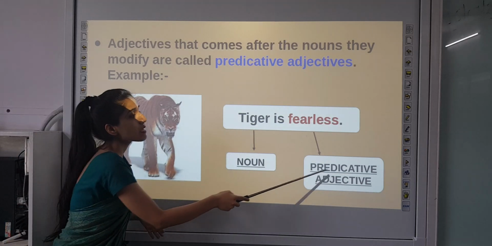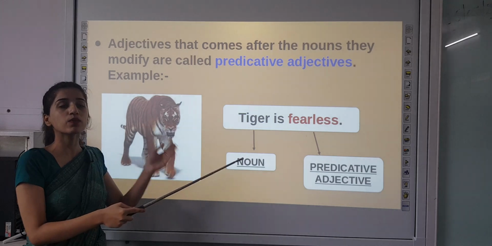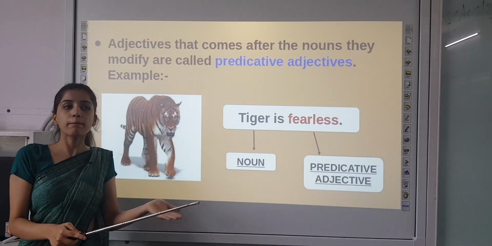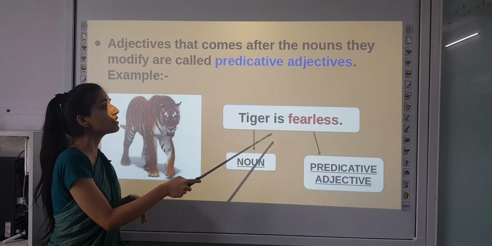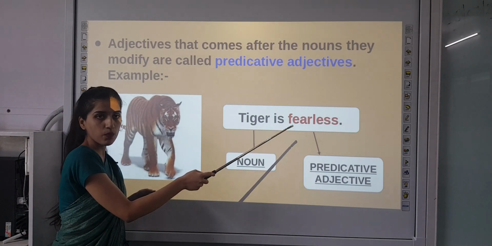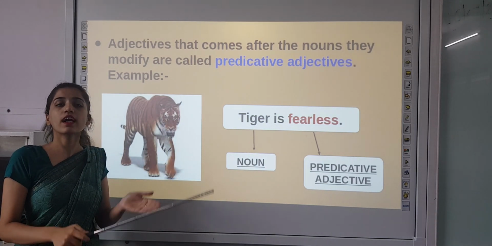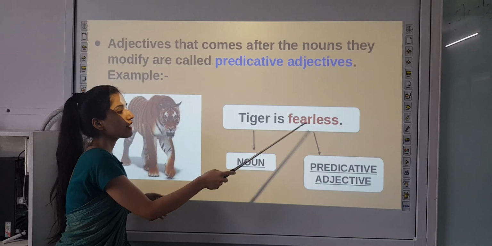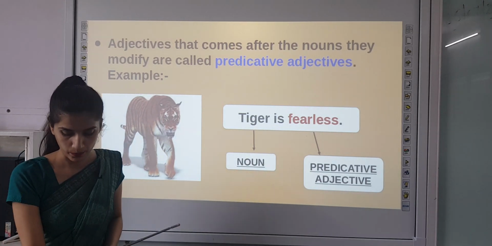It is a predicative adjective. It does not come directly after the noun; it is linked with the helping verb. So, it comes after the noun, not directly after the noun, but linked with a helping verb. So, here fearless is the predicative adjective because it is coming after the noun.